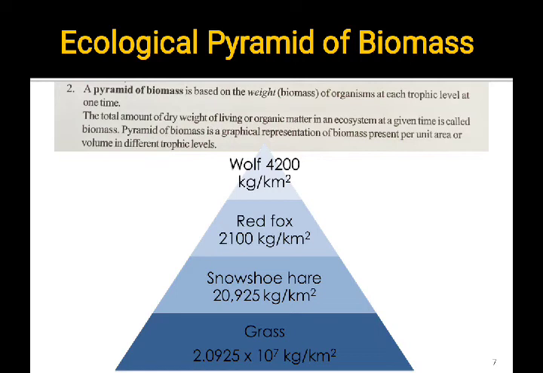So in 1 kilometer this much grass is present. Then next is the snowshoe hare, their biomass is given, the red fox biomass is given, and the top predator wolf biomass is given. So you will observe that again here the trophic level of the producer occupies more space as compared to the consumers, right? And in the consumers also, on each level there is a difference, or you can say a reduction in the biomass as well.